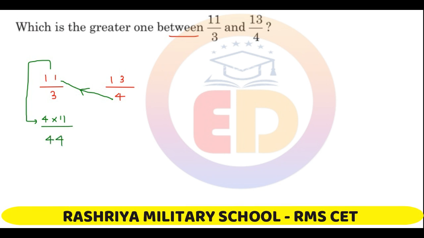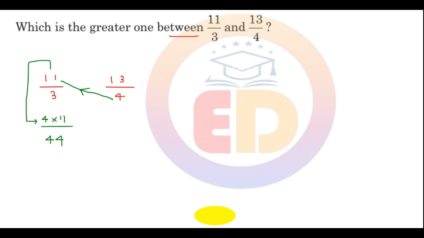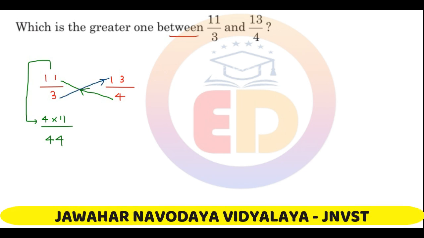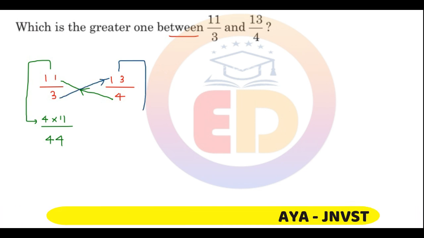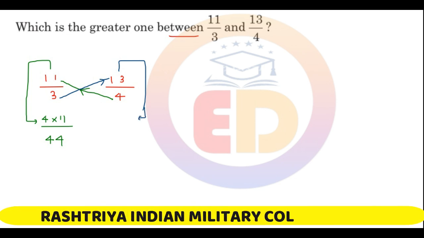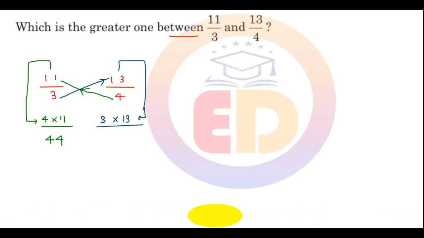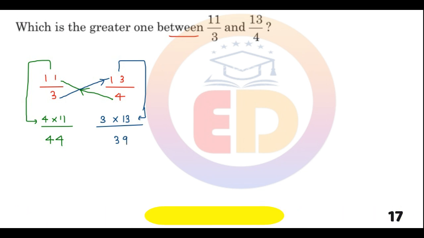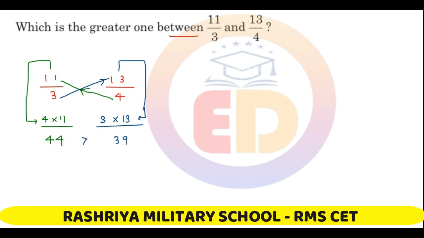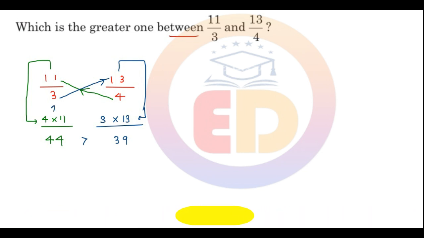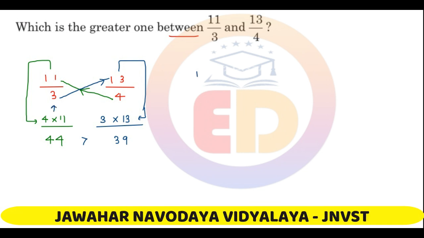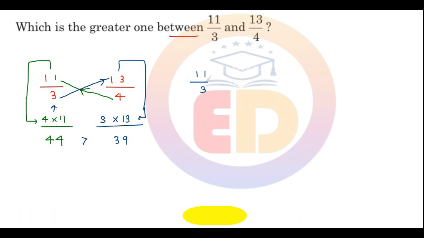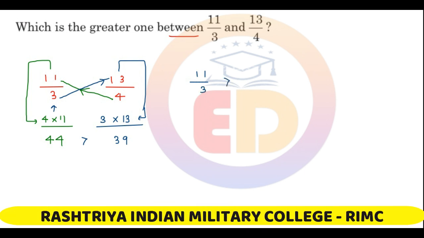And again cross multiply like this 3 and 13 and write it below the fraction 13 upon 4. 3 into 13 is 39. Now between 44 and 39, 44 is greater than 39 and the fraction above 44 is 11 by 3. So 11 by 3 is greater than 13 by 4.